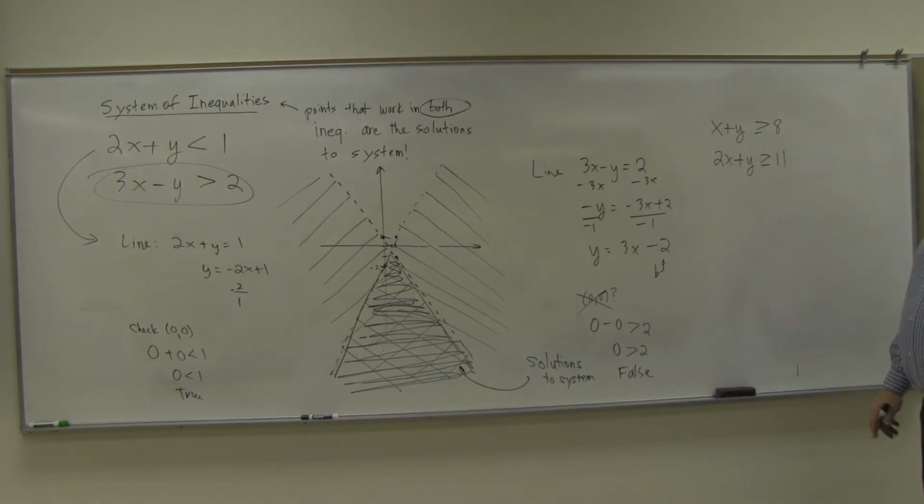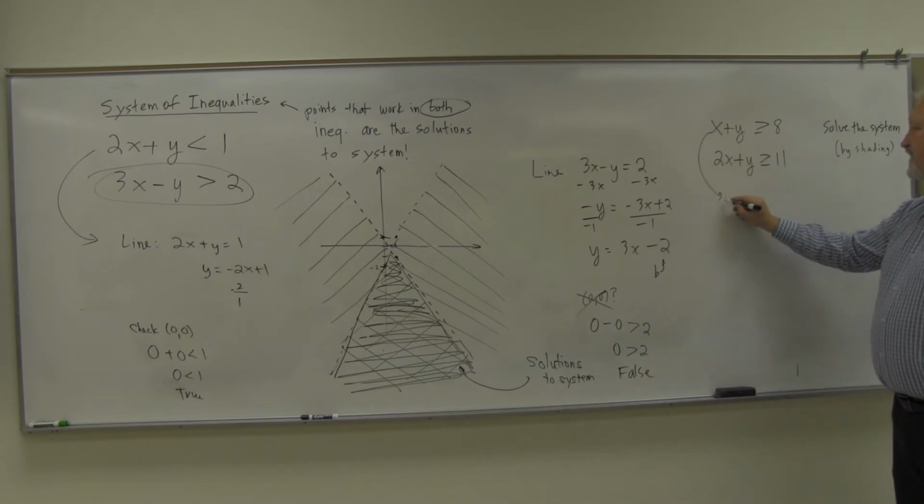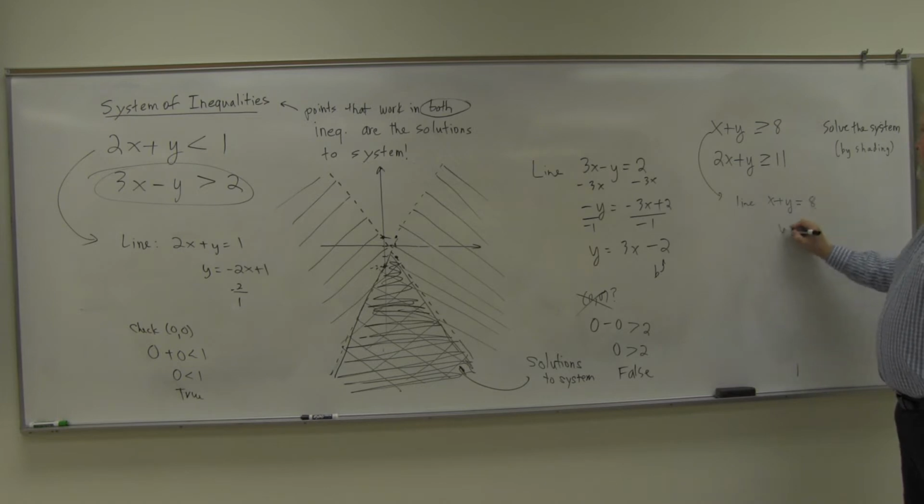And it'll just say, solve the system. And really, in that scenario with inequalities, you're just doing it by shading, figuring out where the shading parts overlap. Okay, so let's start with this one. The line, first of all, x plus y equals 8 would be y equals minus x plus 8. Subtract the x over.